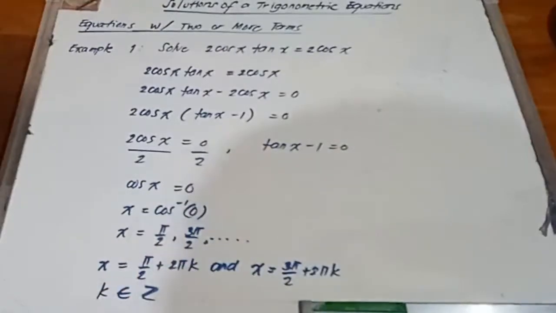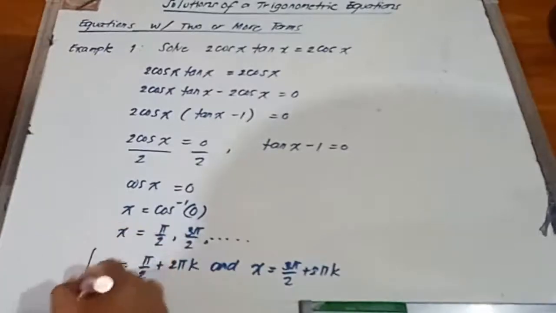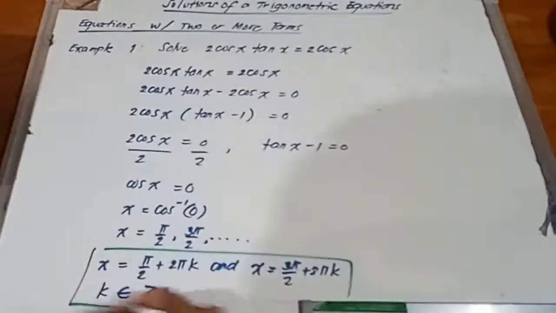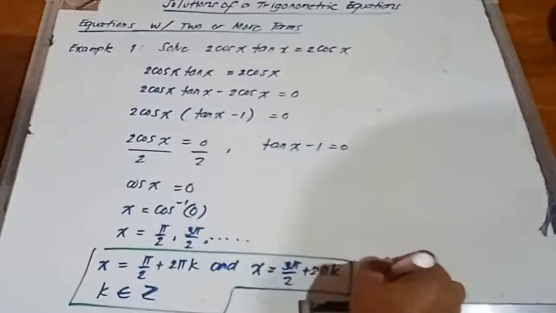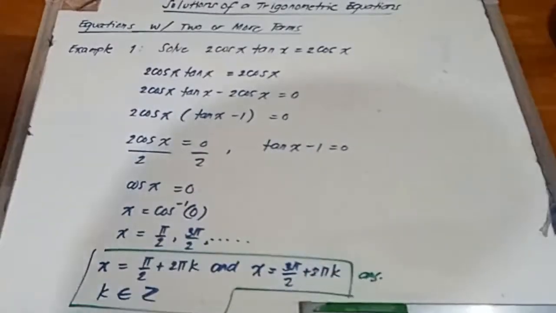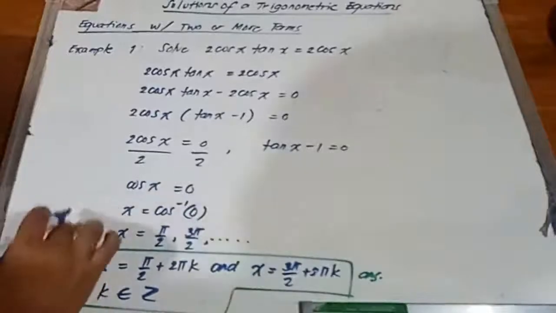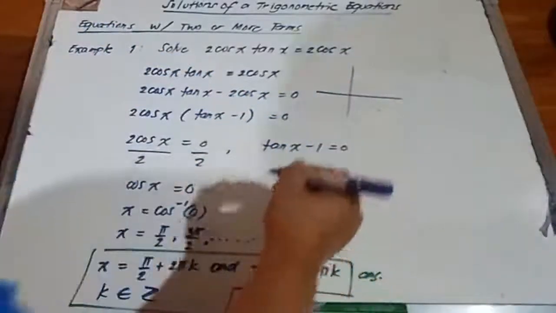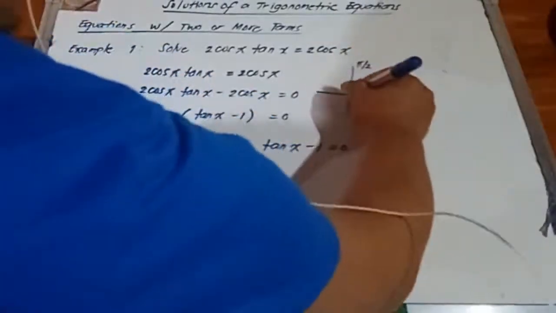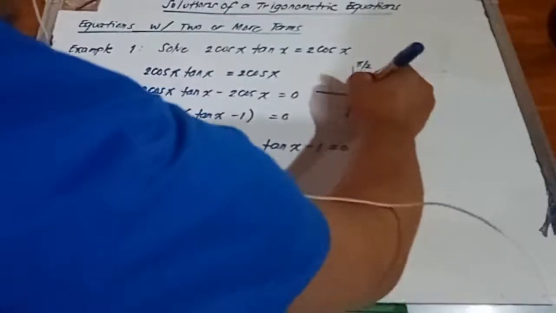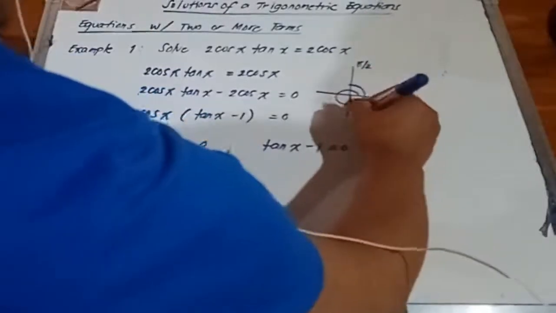Yung ating first solution para sa ating first factor. Para makita natin pala, no? Yung cosine 0 kapag 90 degrees or pi over 2, at 0 din kapag 3 pi over 2 or 270 degrees.